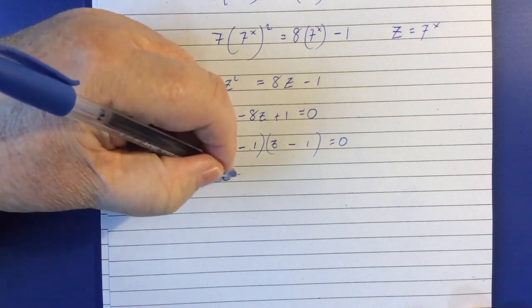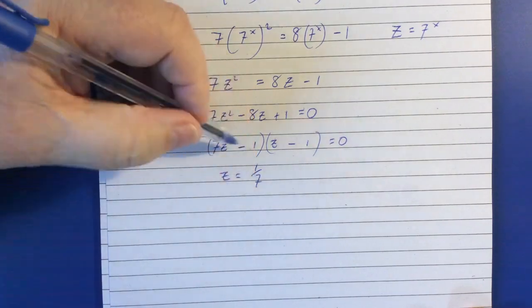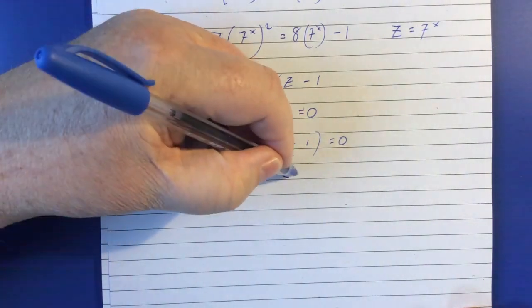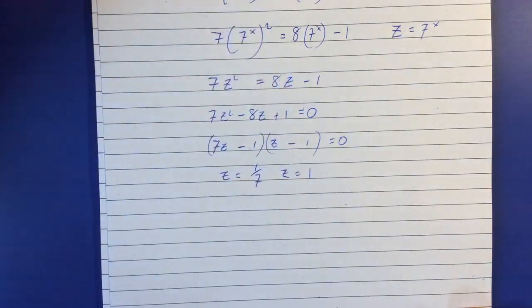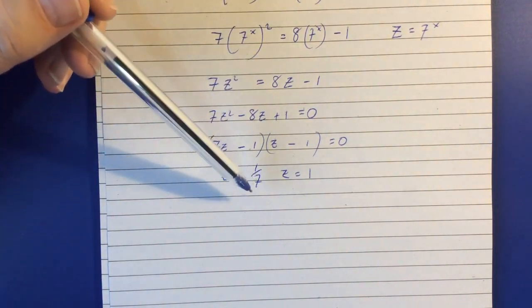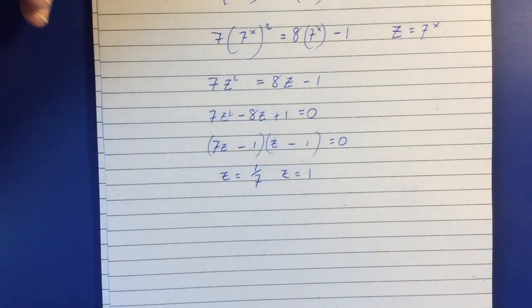Well, z equals 1 over 7, that's just null factor law, and z equals 1, again, that's just null factor law. Now, you might think we're finished, but we're not, because I pretty much guarantee that if you put these numbers into this equation, you won't get very far.